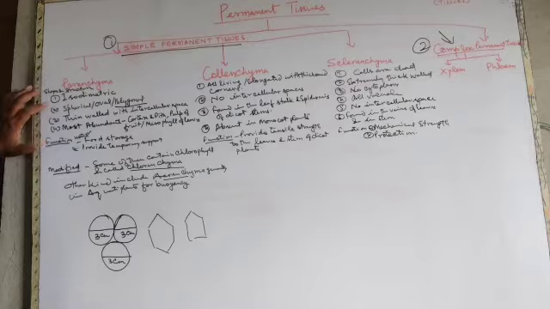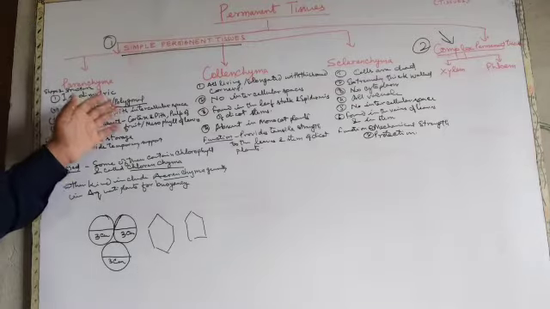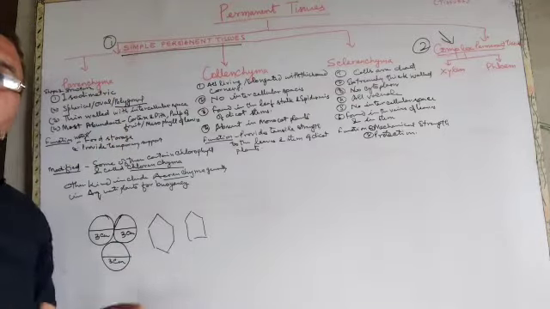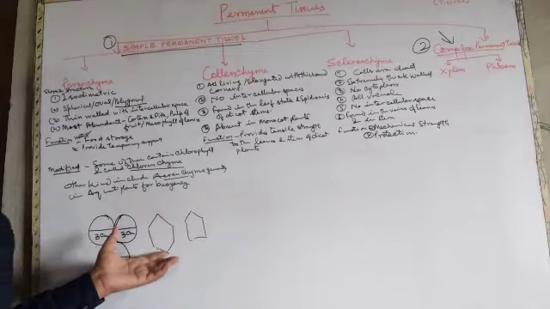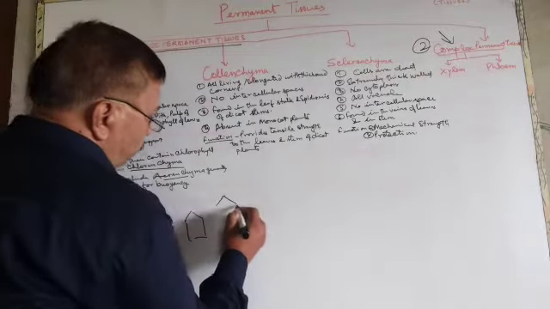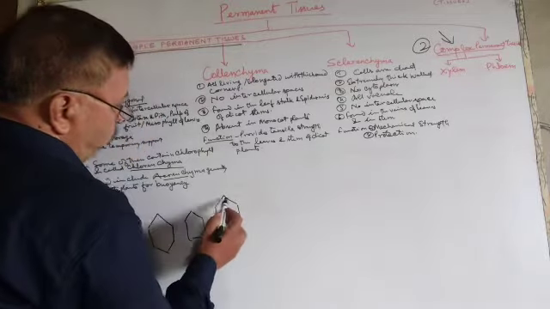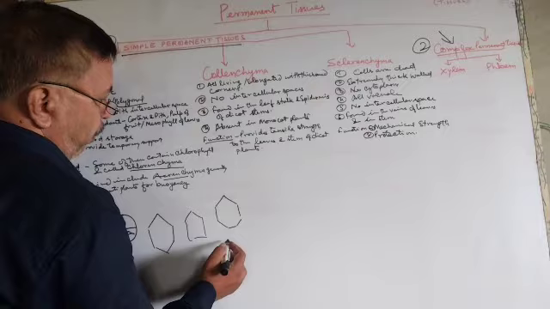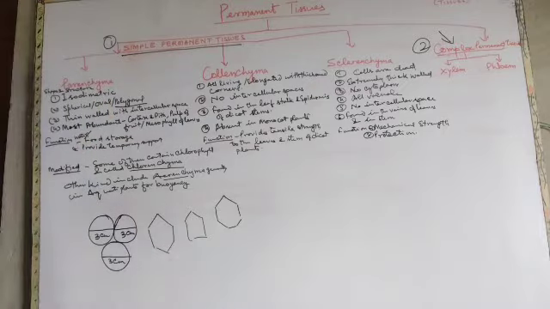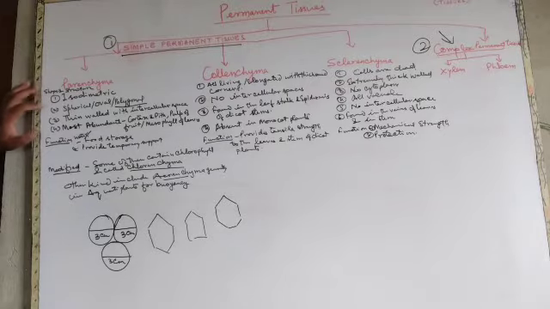So what about their shape? They may be spherical like a ball, they may be oval or protruding on the surface, or they may be polygonal in the shape of pentagon, hexagon, heptagon, octagon. Octagon, how many sides? 1, 2, 3, 4, 5, 6, 7. So this way they may be polygonal in shape. This is regarding the shape of the cells that make parenchyma.